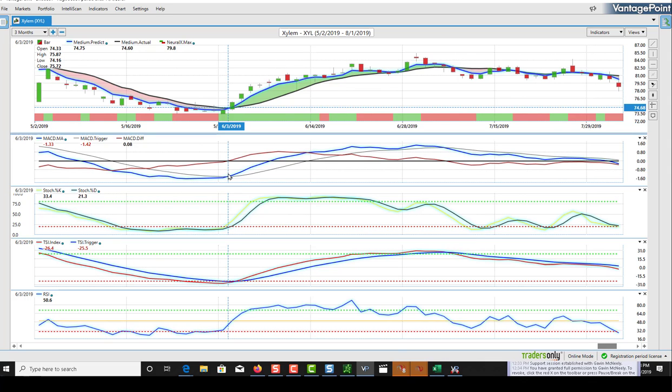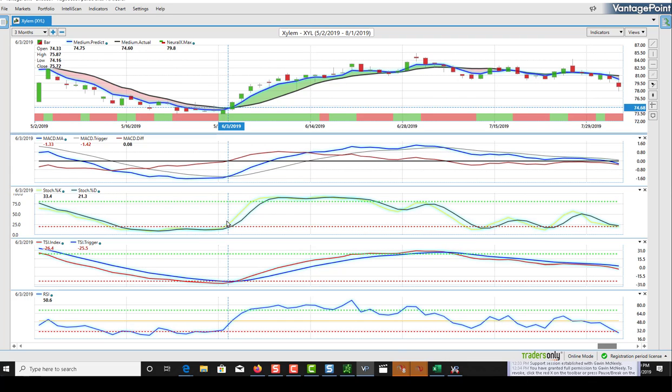You're going to get this red line crossing through the zero line, which is showing you that they are crossing over. We see it right here, right at the time of the crossover. That means that momentum is starting to shift to the upside. That's what we're getting there, okay? Yeah.